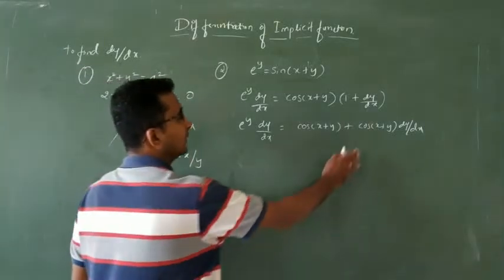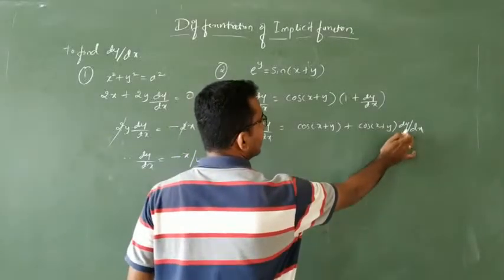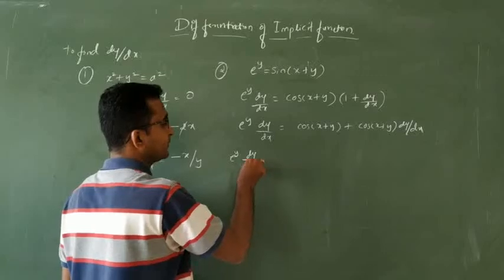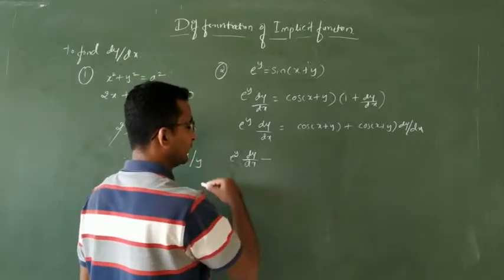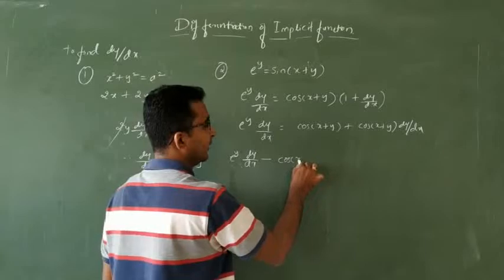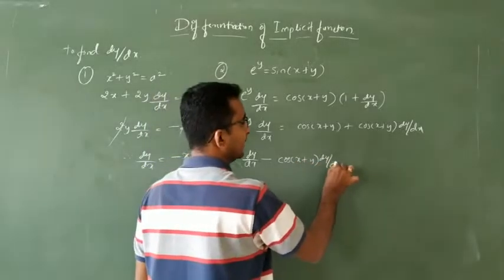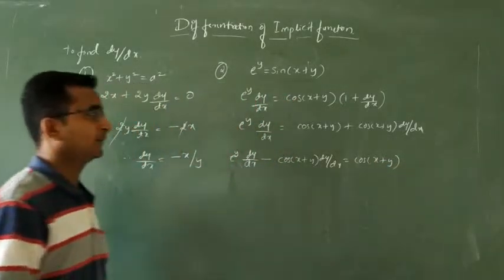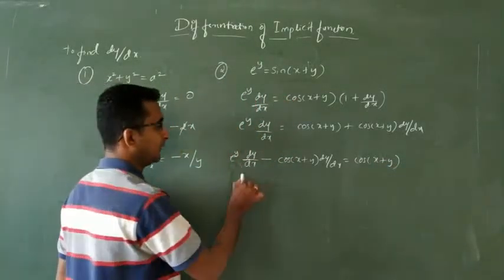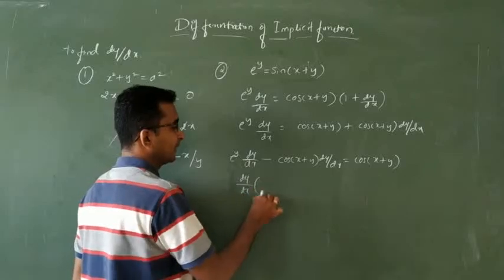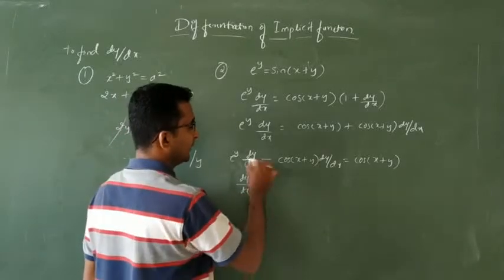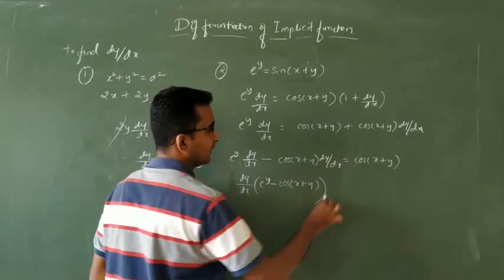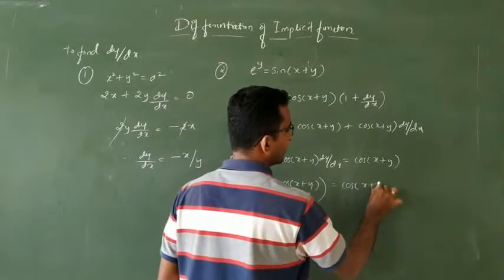So the term cos of x plus y into dy by dx, when taken to the LHS, becomes minus, and the LHS is e raised to y dy by dx minus cos of x plus y into dy by dx is equal to cos of x plus y. Very simple. Next, take the dy by dx common. And what remains? e raised to y minus cos of x plus y is equal to cos of x plus y.